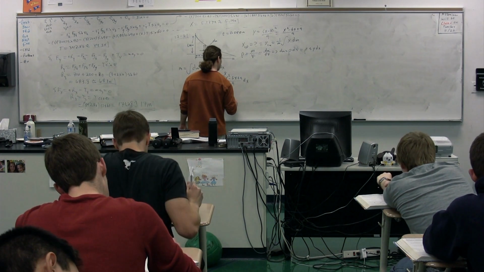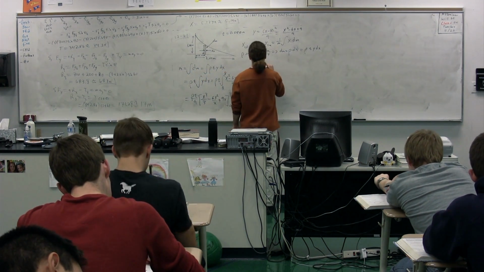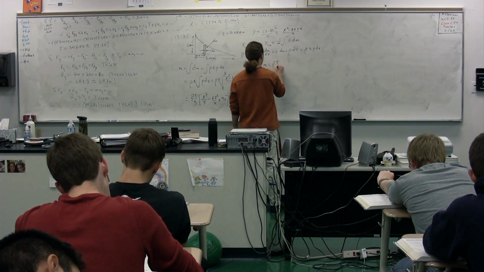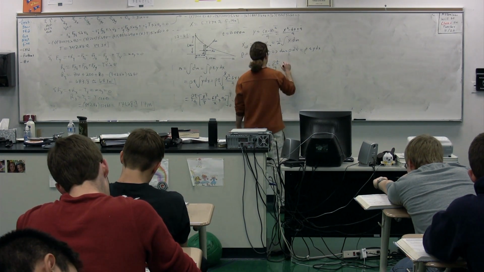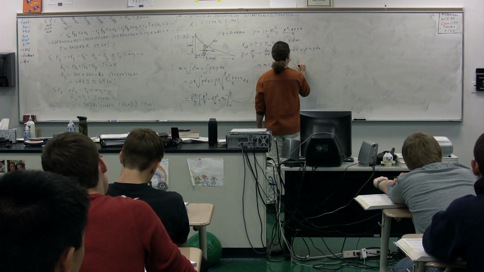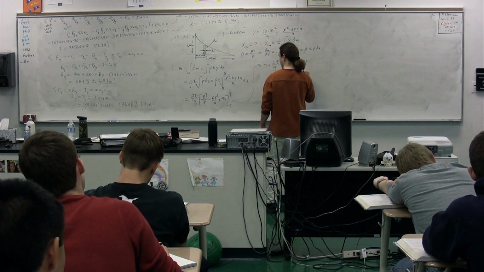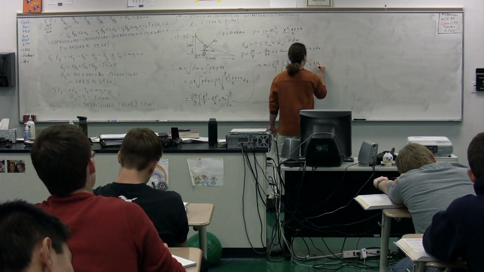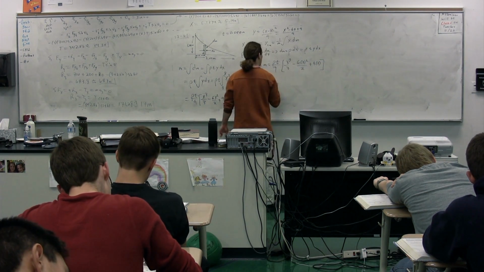From 0 to 3, we then get that the mass is equal to rho times the thickness divided by 9 times the quantity of 3 cubed over 3 minus 6 times 3 squared over 2 plus 9 times 3.